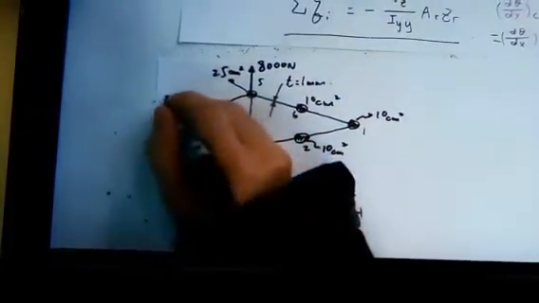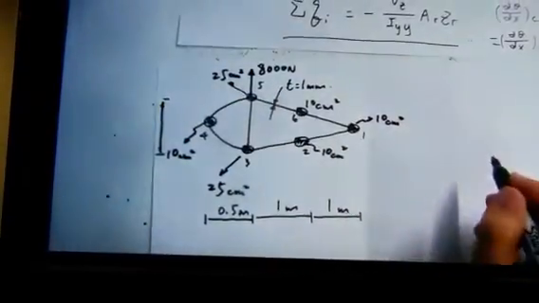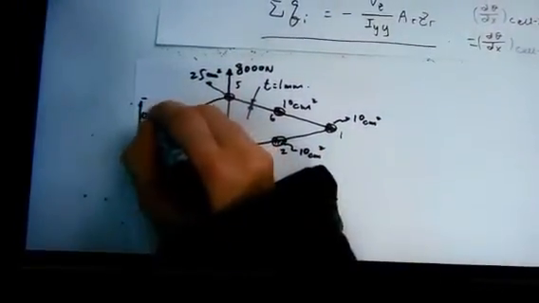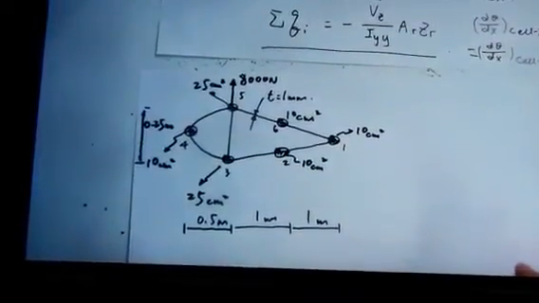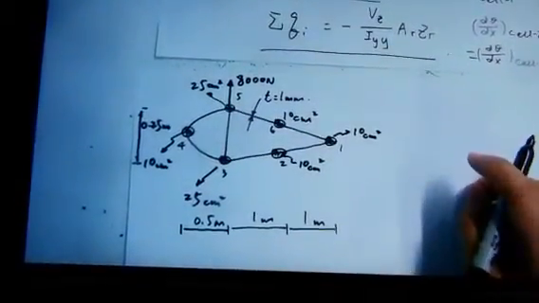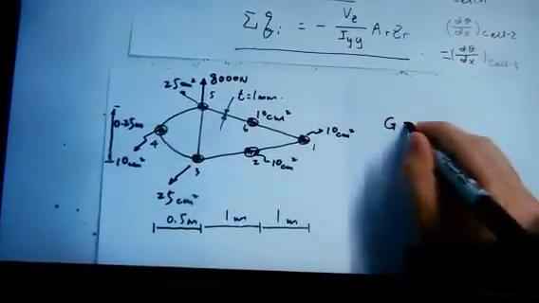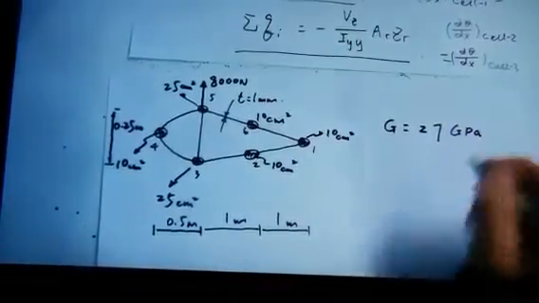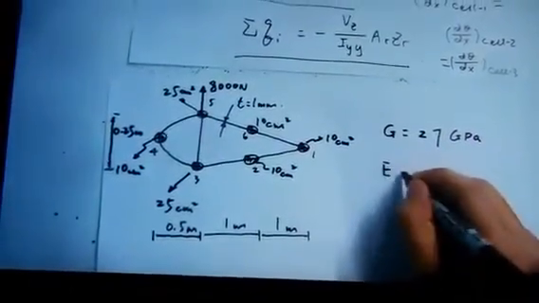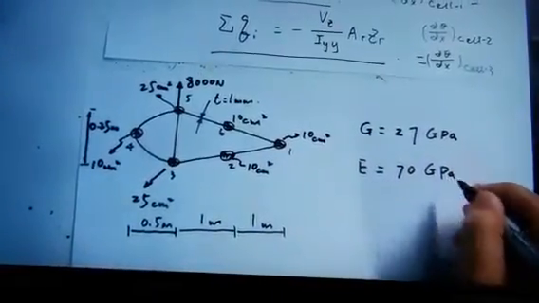And the height is 1/4 meter. t is uniform everywhere, it's the same, and the shear modulus is 27 gigapascal, and Young's modulus is 70 gigapascal.